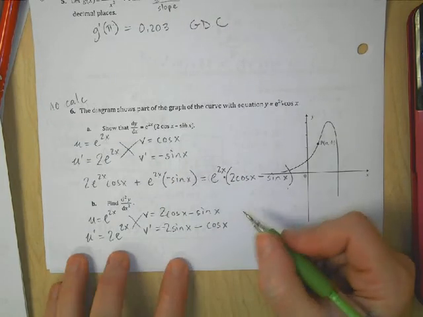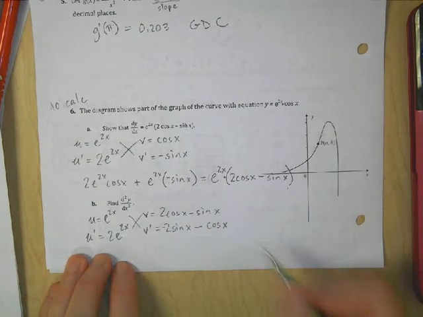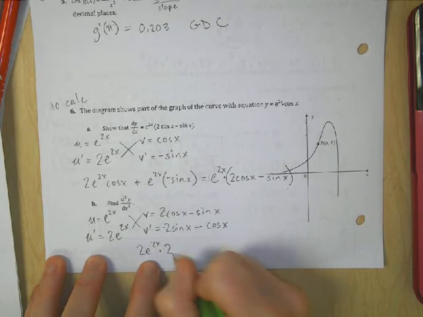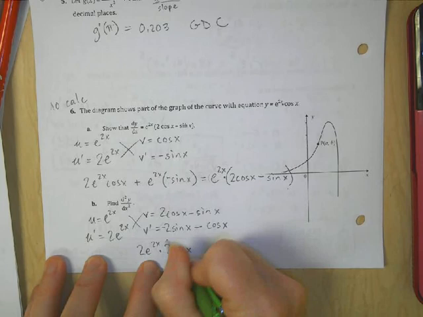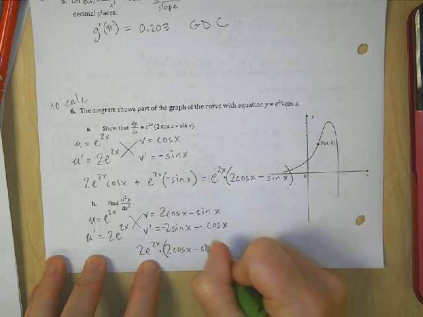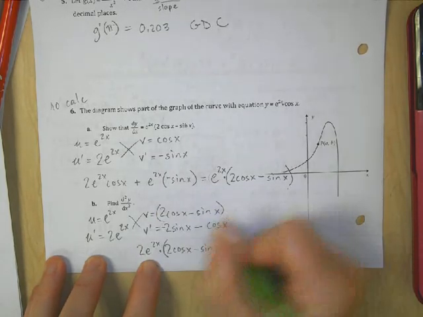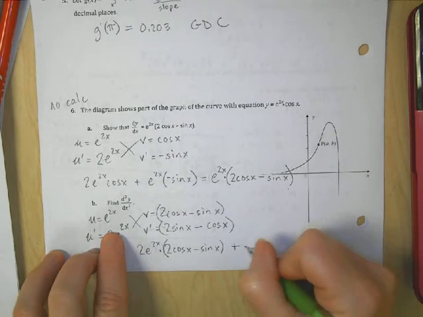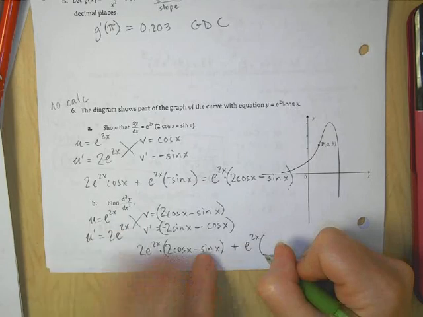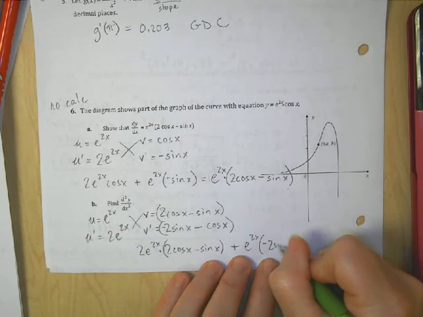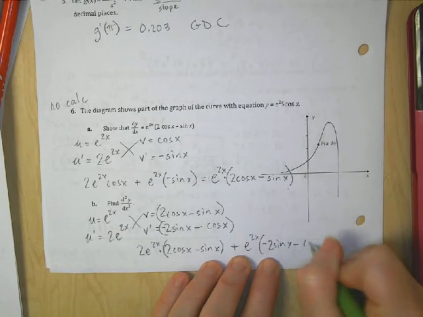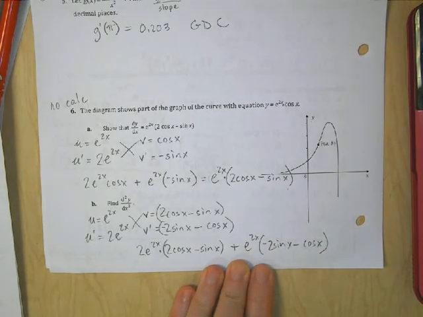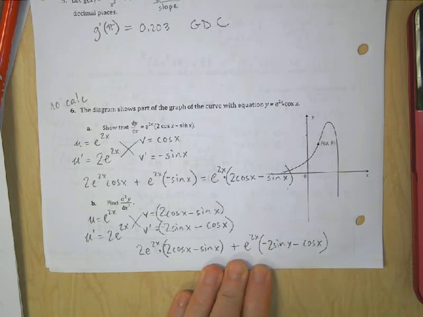And I'm going to do this one first. So I have 2 e to the 2x times 2 cosine x, oh, and this is in parentheses, minus sine x, okay, because it's times all of this. So let's put that one in parentheses also. Plus e to the 2x times negative 2 sine x minus cosine x. And I suppose we could rearrange that a little bit.